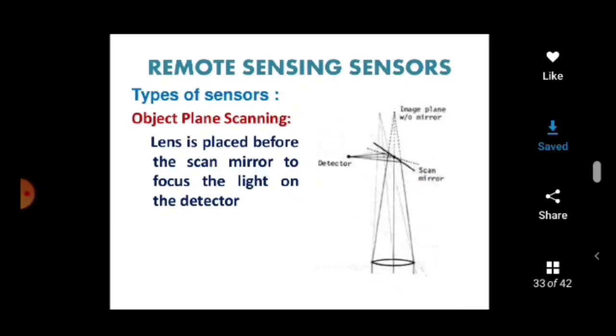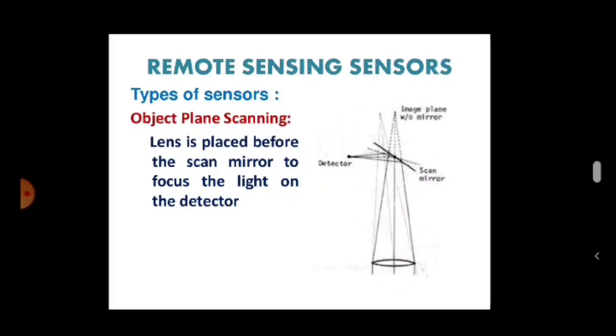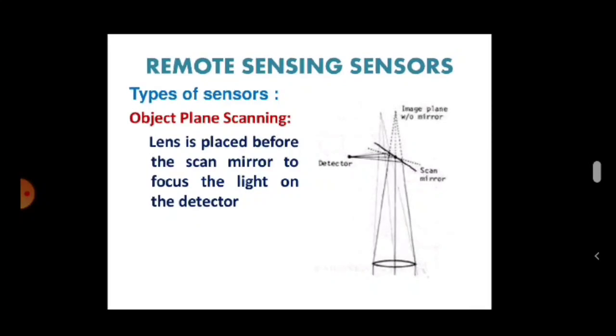And when it comes to active and passive sensors, satellite systems can be divided according to these active and passive categories.